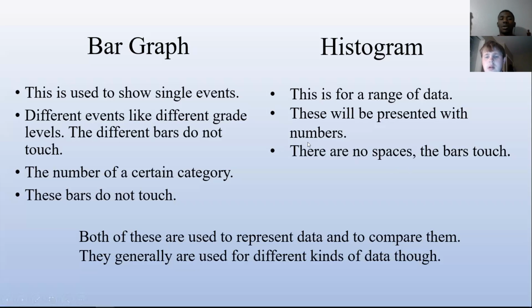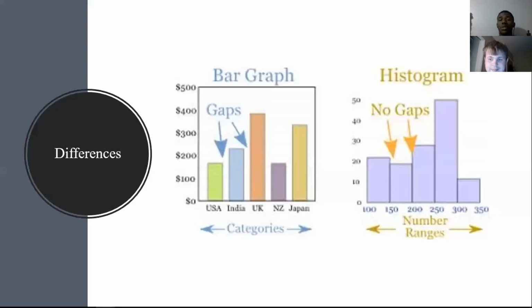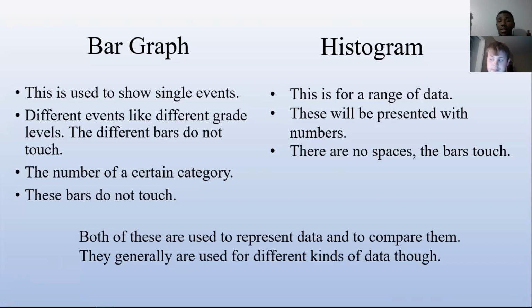But then we're going to hop back over here, and this is bar graphs, back to bar graphs, the number of a certain category. And as you saw in the slide that I just showed you, like the US, showing you how much money essentially the US has, okay? And the bar graphs, again, they do not touch. But a histogram, this is a range of data.